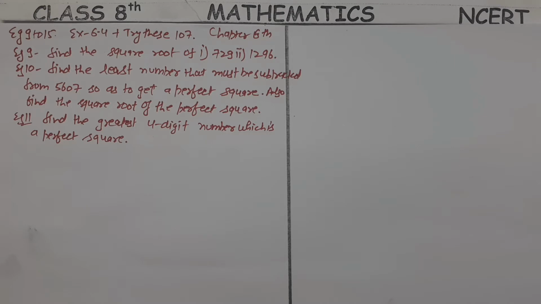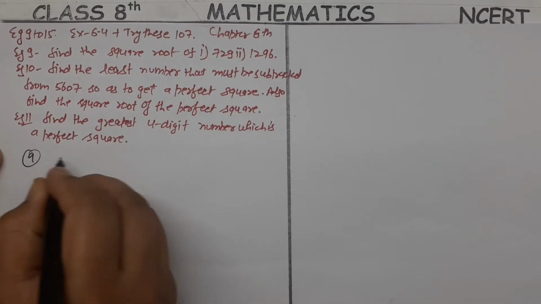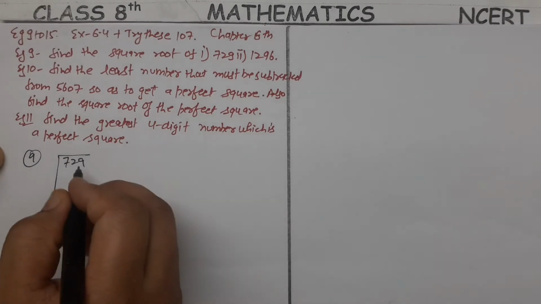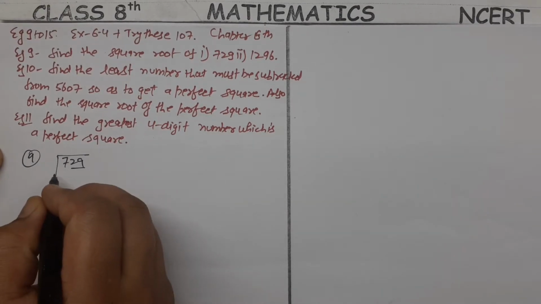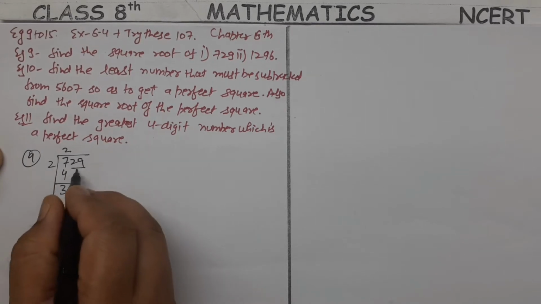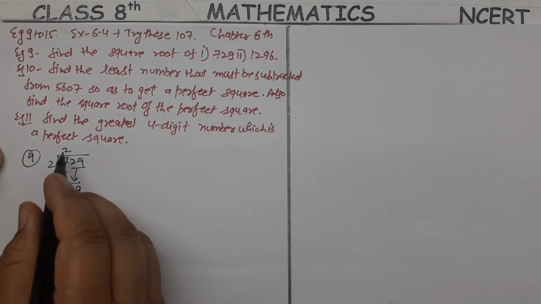Example number 9, find the square root of 729. We will find its square root by the long division method. Pair. 2 2s are 4, 7 minus 4 is 3. Write the pair here.